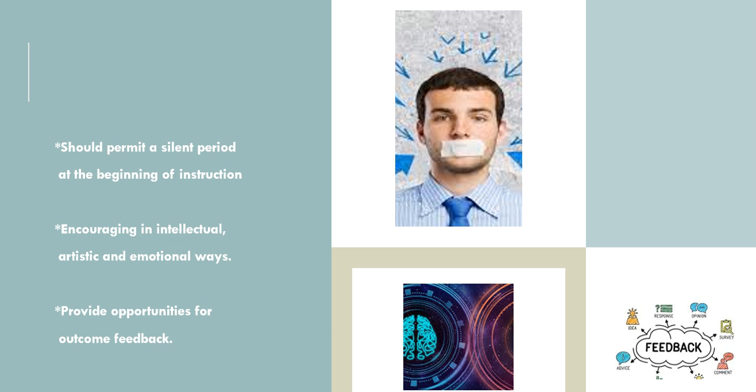Another consideration is that material should permit a silent period at the beginning of instruction. Also, materials should be encouraging in the intellectual, artistic, and emotional parts, and provide opportunities for outcome feedback. We need to prove through feedback if the learners are getting the knowledge that we need to transmit to them.